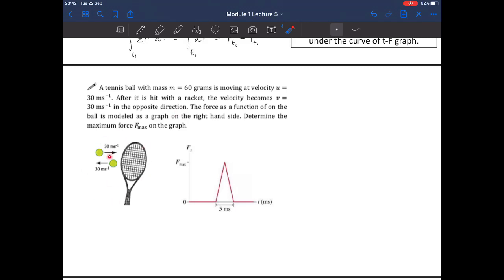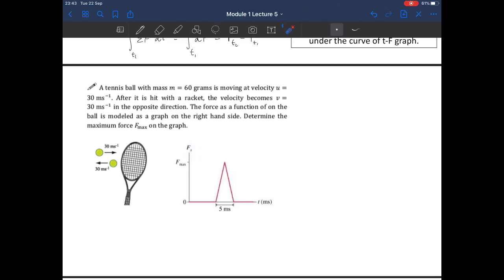What happened is just like in this picture. The ball is moving from left to right with velocity 30 meters per second to the right, and then the racket hits it so that it moves back from the right to the left with this velocity again, 30 meters per second.